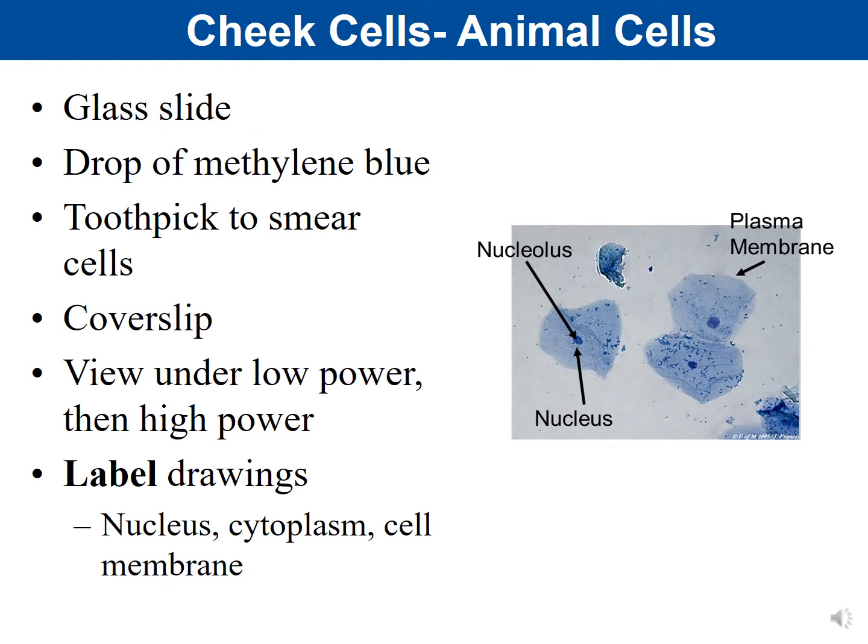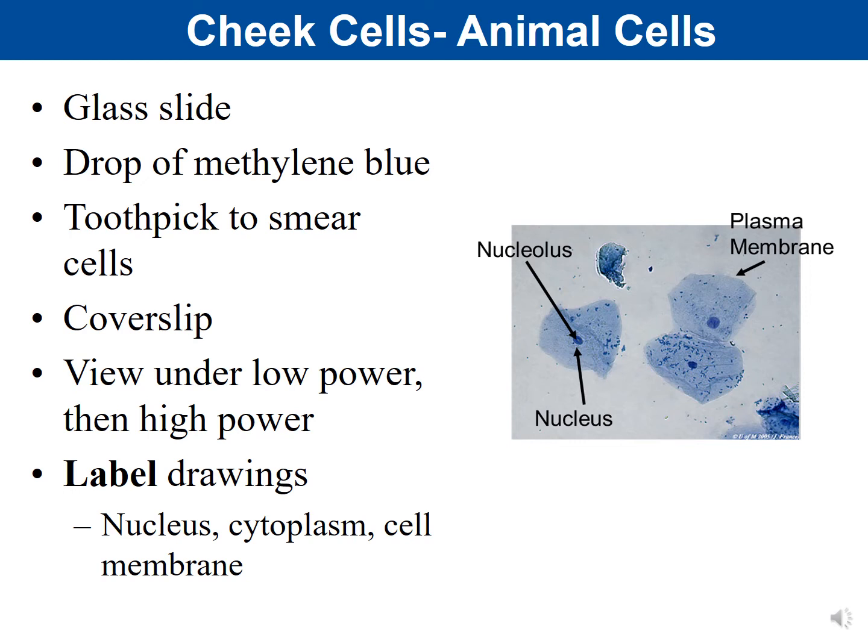And then lastly, we have our animal cheek cell. And so what you would do for this is you would take a glass slide, add 1 drop of methylene blue, and then you would take a sterile toothpick and you would open your mouth and say ah, and you would gently take the toothpick and scrape the inside of your cheek. Now, we don't need blood cells, so don't stab yourself with it.